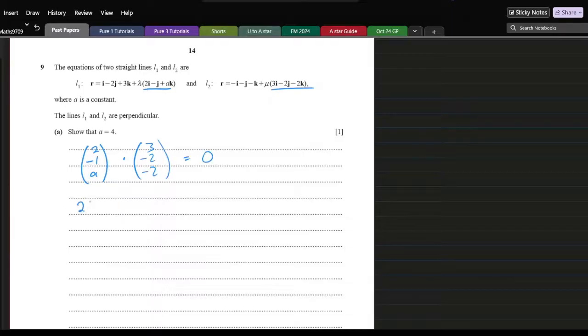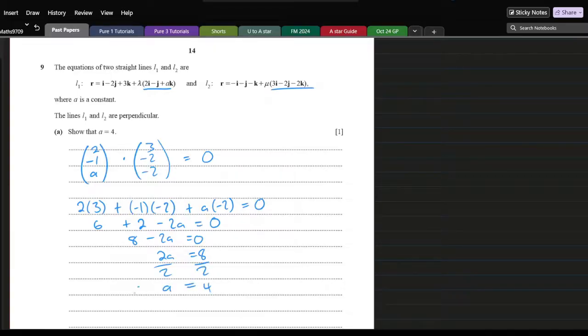So that's 2 times 3 plus negative 1 times negative 2 plus a times negative 2, and this should be 0. So 6 plus 2 minus 2a is equal to 0. 8 minus 2a is equal to 0. 2a is equal to 8. Divide both sides by 2. You get that therefore a is indeed 4.